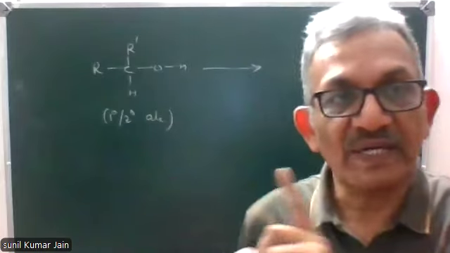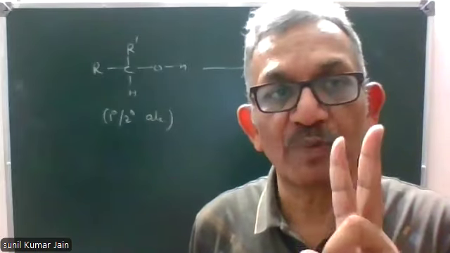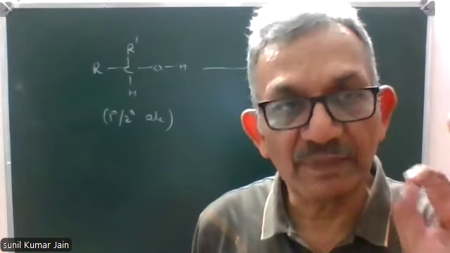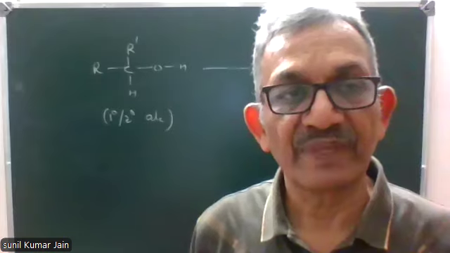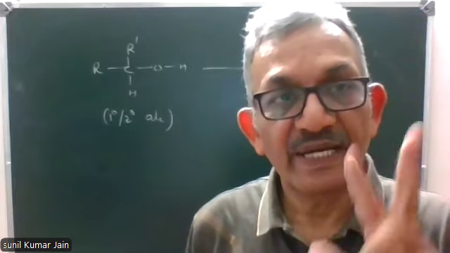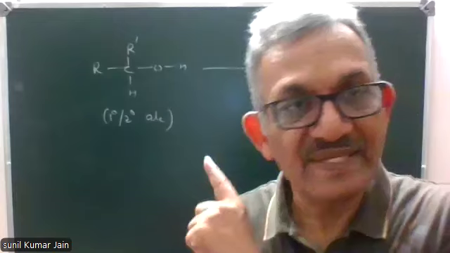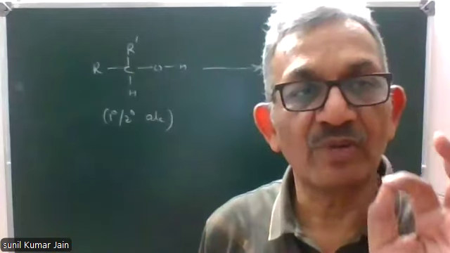Now, in this part, there will be breaking of two bonds. The oxygen-hydrogen bond will be broken. The carbon-hydrogen bond will be broken. At the same time, a double bond between carbon and oxygen will be formed. This I am representing in the form of homolytic cleavage.